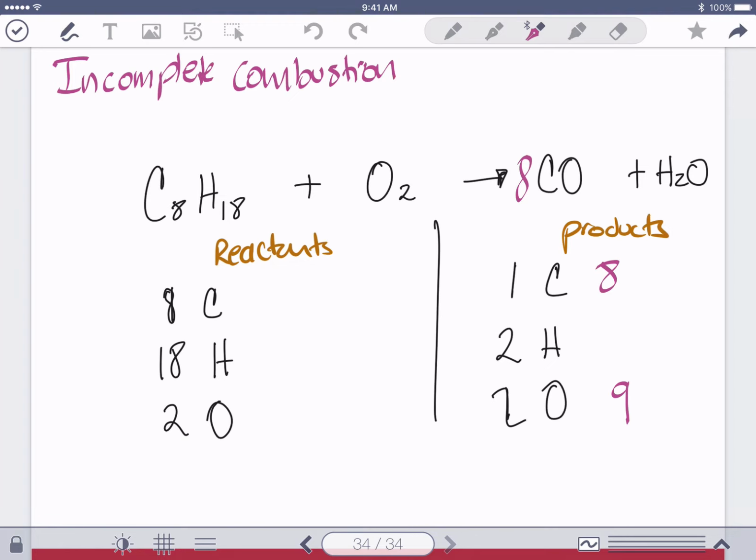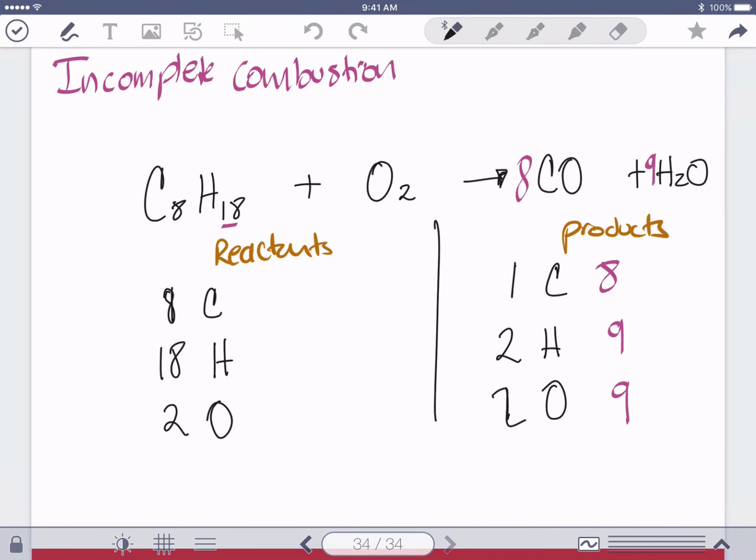Since this is 18, a multiple of 18 for my hydrogen would be a 9, right? So what if I put the 9 in front of my water molecule?